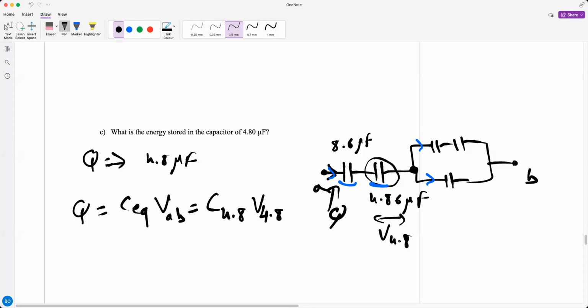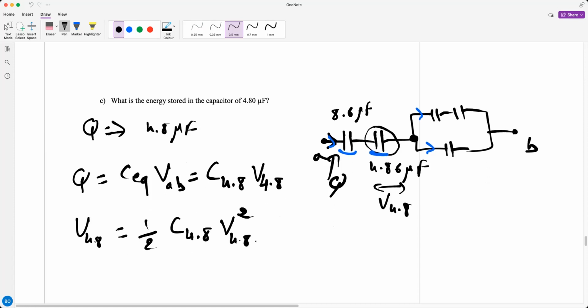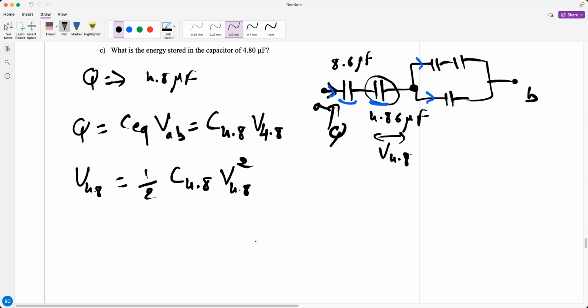And what I want to calculate is the energy stored. I know that the energy stored in 4.8 is equal to 1/2 the capacitance, which is already given, times the potential difference across the capacitor 4.8.